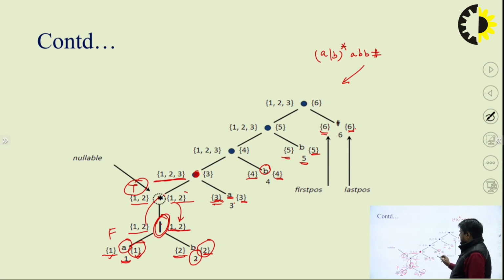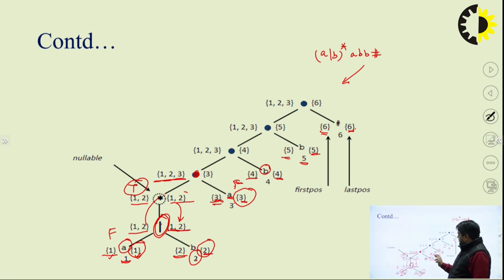Now you can see, whenever you find the last position, you check whether C2 is nullable. C2 is not nullable because it is a terminal, so this value is false. Once again, it is totally dependent on the last position of C2.